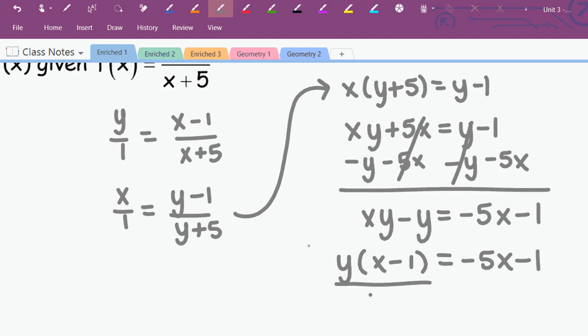So now when I do that, I'm left with a single y equals, and I'd say in this case, was it f? What did we name this function? Is it f? The inverse function would be negative 5x minus 1 all over x minus 1.